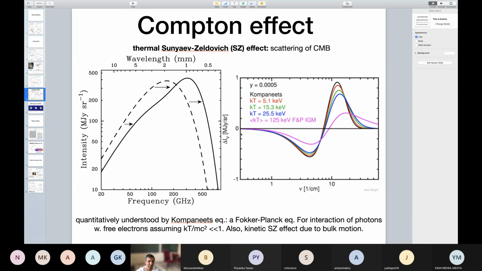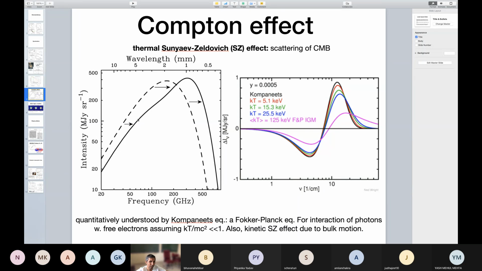So what you see is the sign is the same, right? Here at frequencies less than 220 gigahertz, the CMB in the direction towards the galaxy cluster appears cooler, right? The intensity has gone down.